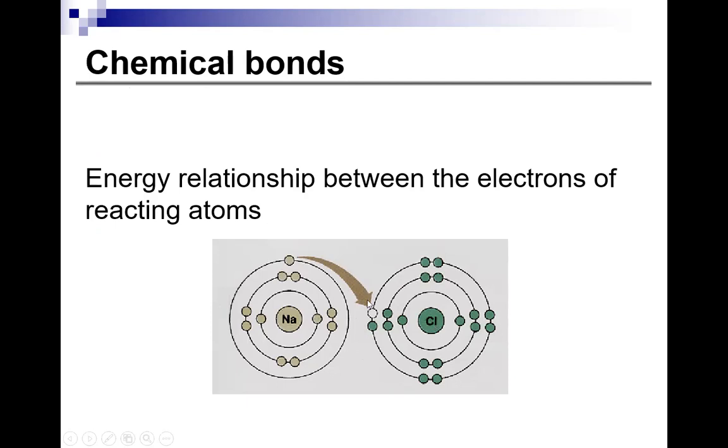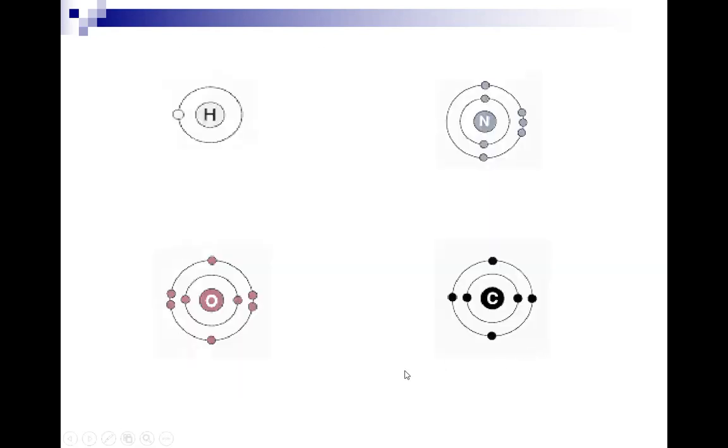When these come together, we can see that the sodium is transferring an electron to the chlorine, and through that transfer of that electron, we're going to form ions, which are charged particles, and we're going to form an ionic bond there. So when we start looking at atoms, we kind of want to look at where those electrons are being placed.